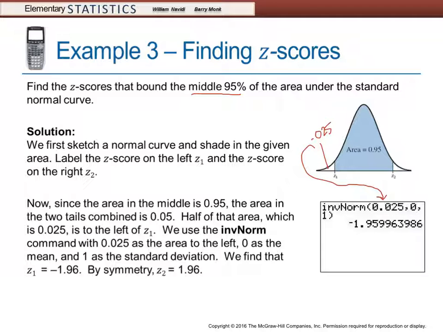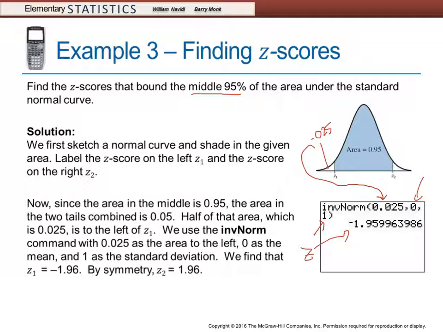We plug it in to the first position, put a comma, put in the standard normal mean, which is 0, and the standard deviation, parentheses closed, and there is our z-value, which is negative 1.96 approximately, but that's rounded to 2 decimal places.